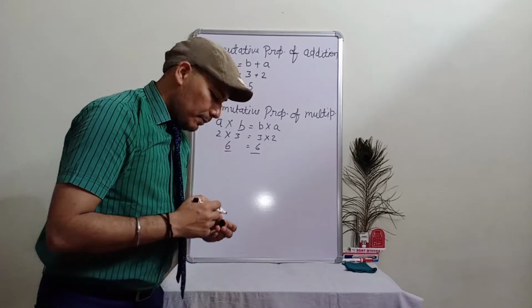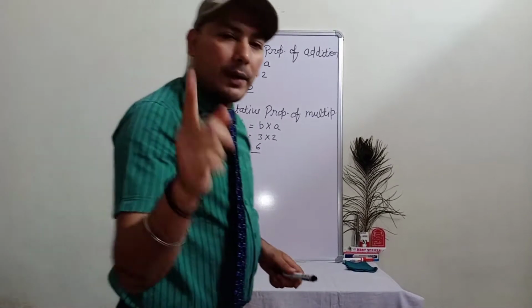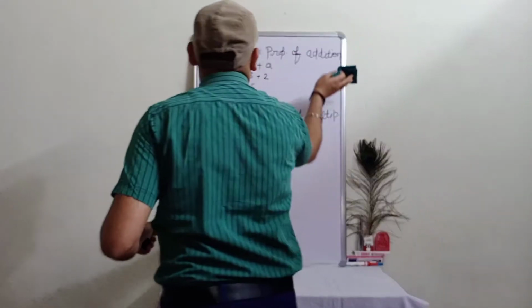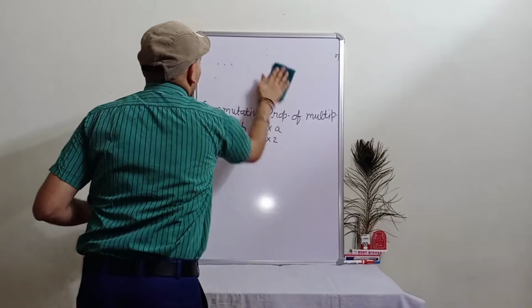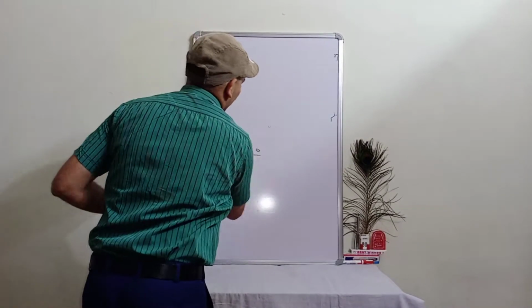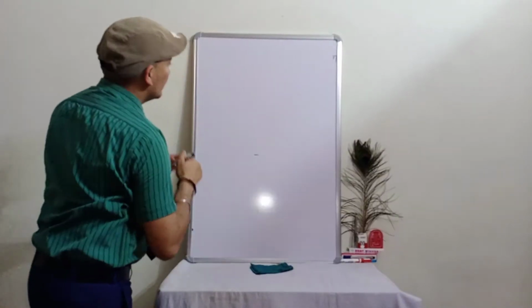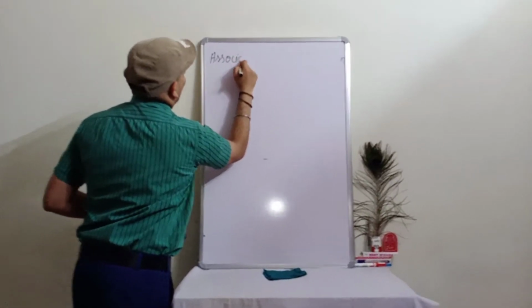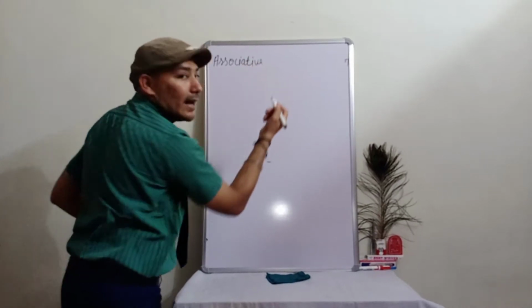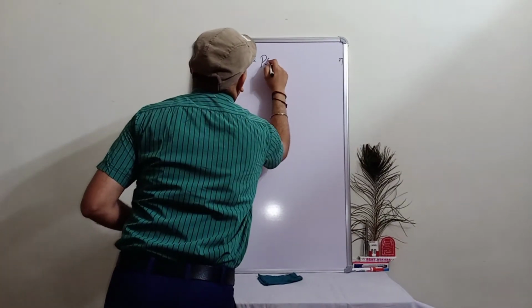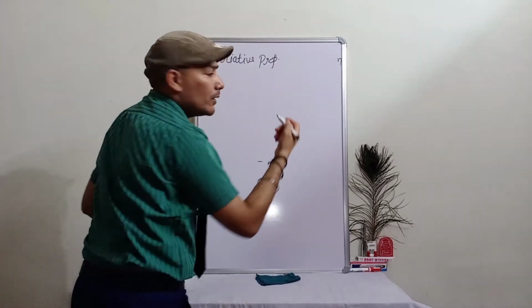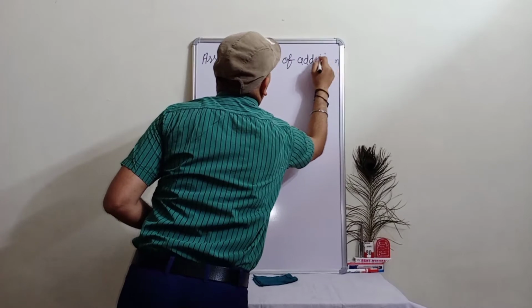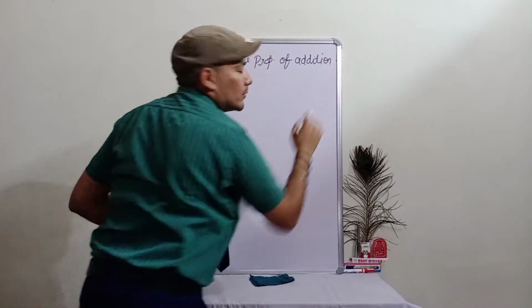Okay. Now the second property, in which you had a problem in the previous lesson. Associative property of addition.